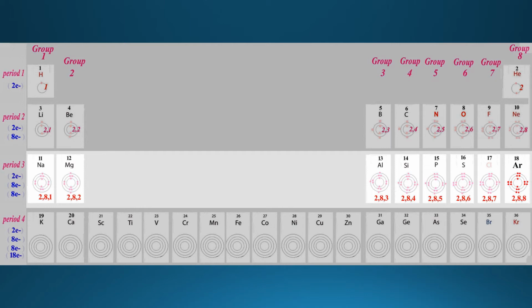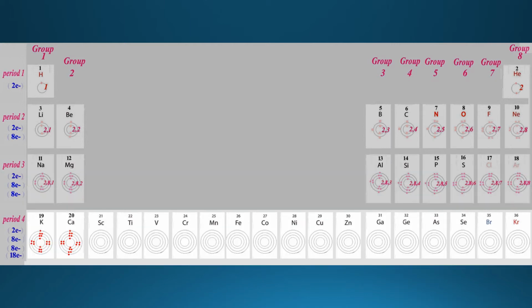Now let's go to period 4. In period 4 you have 4 shells. Potassium, K, has 19 electrons. How are these 19 electrons distributed?